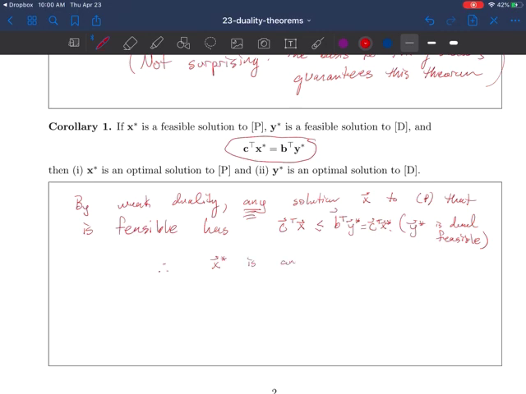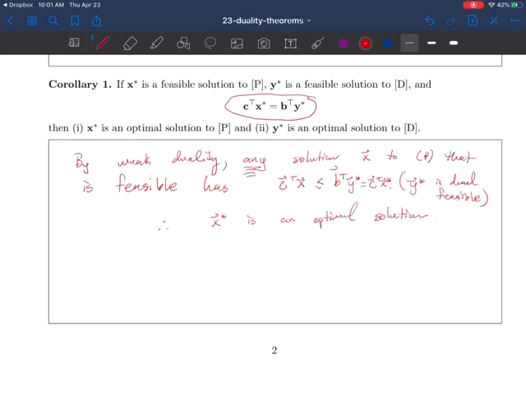But this is equal to c transpose x star by the assumptions of the theorem. Thus, x star is an optimal solution.